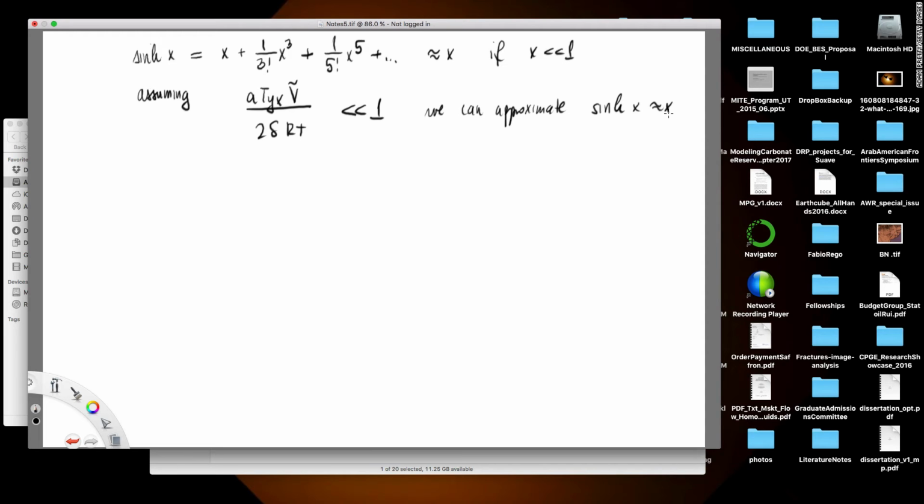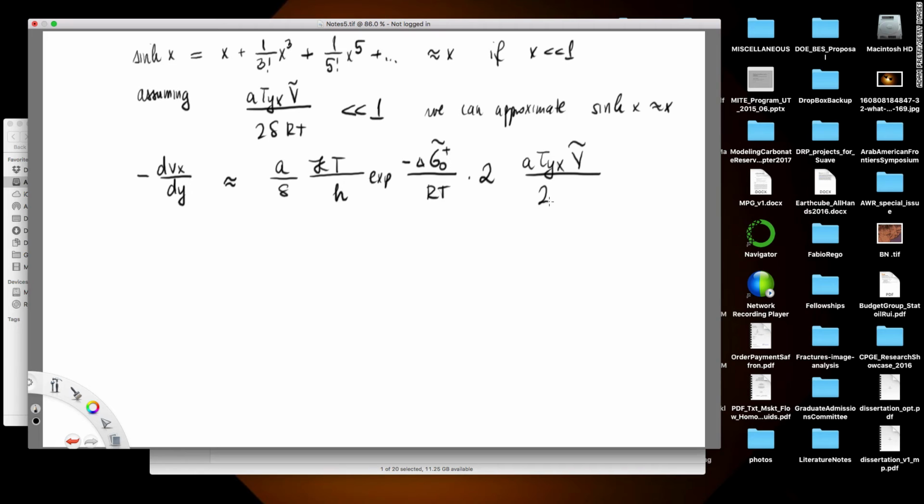And then indeed, I will get that minus dvx dy is approximately a over delta kappa T over h exponential of that first static term. And then instead of sinh, it's 2 times x, and this x was actually a tau yx v tilde over 2 delta RT.